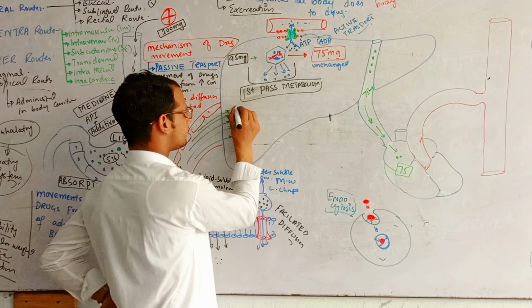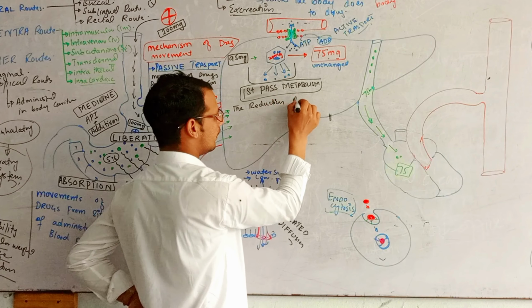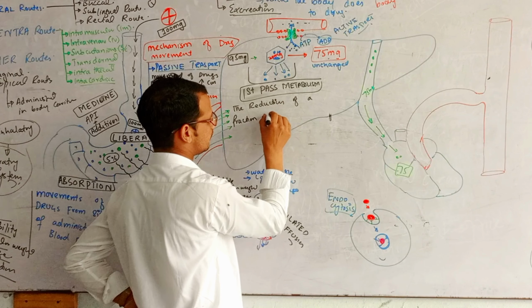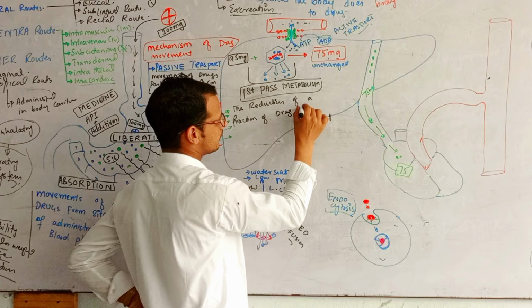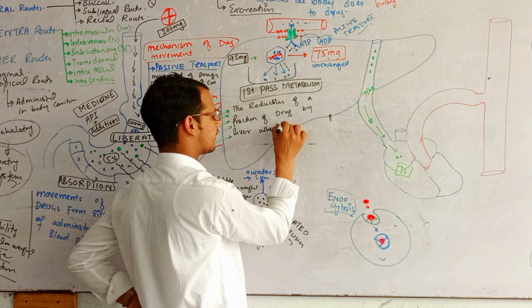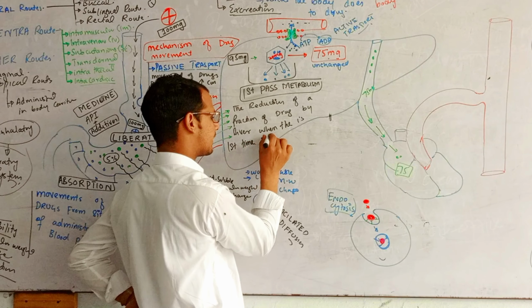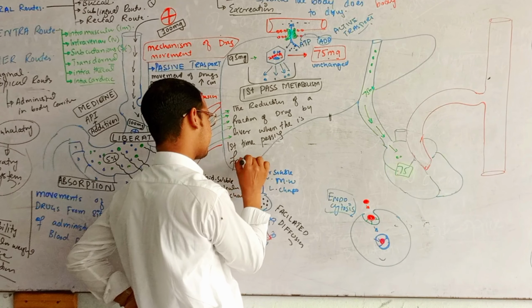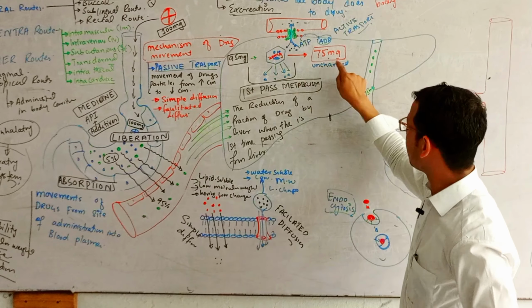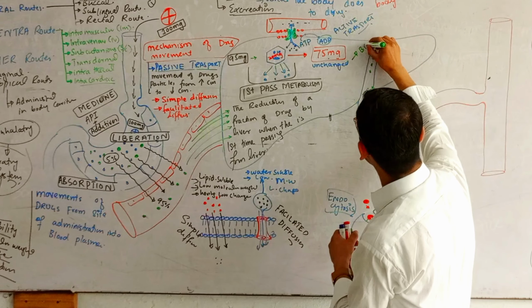The reduction of fraction of drug by the liver when the drug is passing through the liver first time is called first pass metabolism, and this unchanged drug is called bioavailable drug.